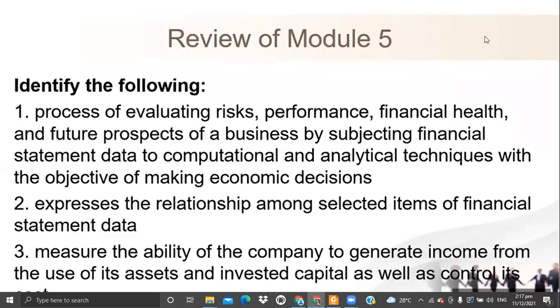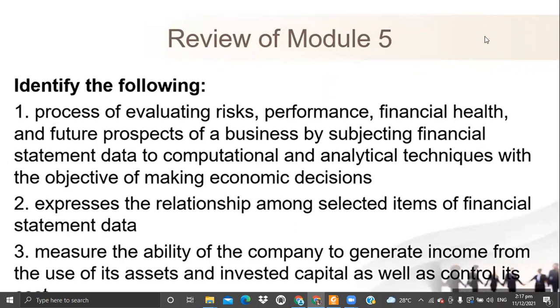Number 1, process of evaluating risk, performance, financial health, and future prospect of a business by subjecting financial statement data to computational and analytical techniques with the objective of making economic decisions. Number 2, express the relationship among selected items of the financial statement data.